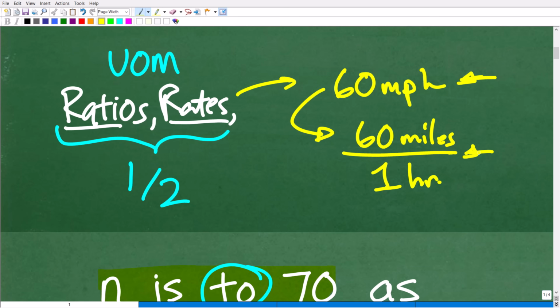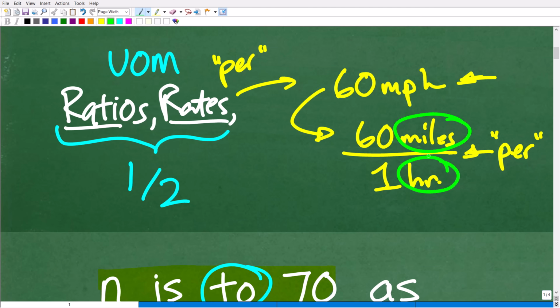Notice here that when I say 60 miles per 1 hour, the fraction bar here, I'm using the word per, okay? So anytime you hear or you see the word per, that's almost a perfect giveaway that you're dealing with a rate. Now, what distinguishes a rate and a ratio, of course, I'll contrast this more in a second, but let's notice here that we have a fraction and we're comparing two different units of measure.